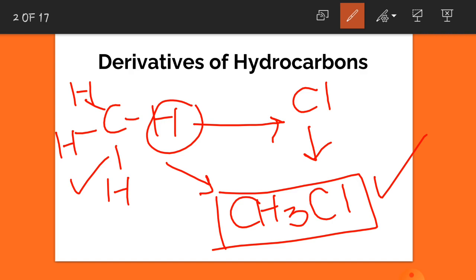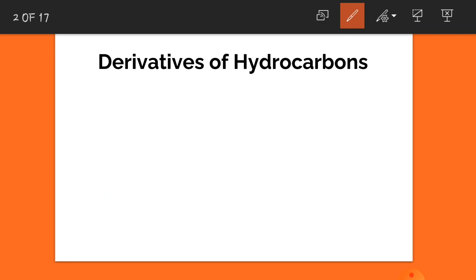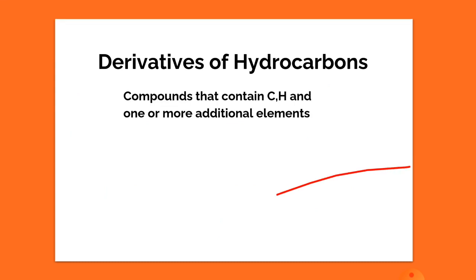So the derivatives of hydrocarbons are mainly obtained by the introduction of elements other than carbon or hydrogen, or by the introduction of a double or triple bond. So the compounds that contain carbon, hydrogen and one or more additional elements are called the derivatives of hydrocarbon.